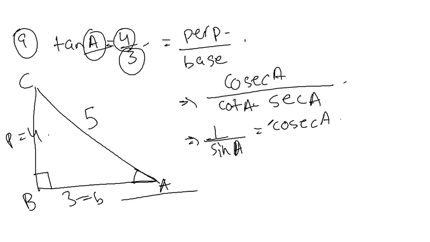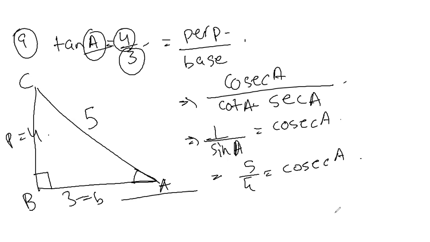Sine A is perpendicular upon hypotenuse, that is 4 upon 5. Once you have the value 4 upon 5 as sine A, the reciprocal will be cosecant A. So 5 upon 4 will be our cosecant A.